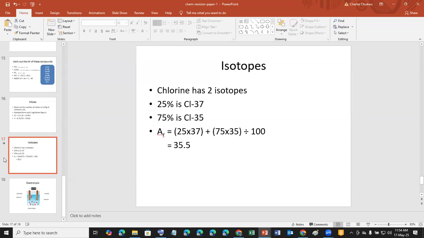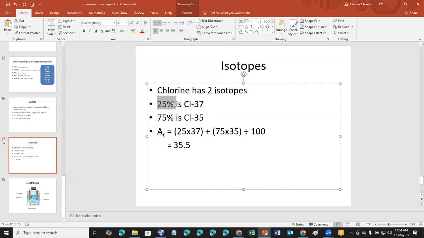Remember, these percentages are the percentage of occurrence in the natural form, so it will be given to you in the question. All you need to do is multiply the percentage by the atomic mass of each isotope, add them, and then divide by 100. That's how you get 35.5.